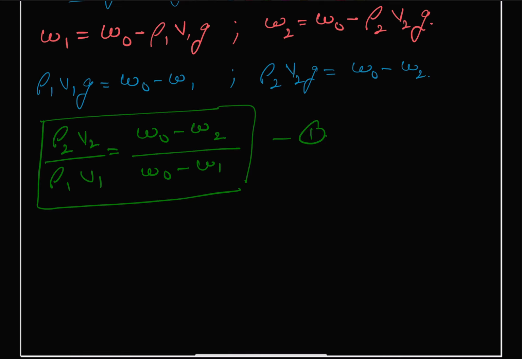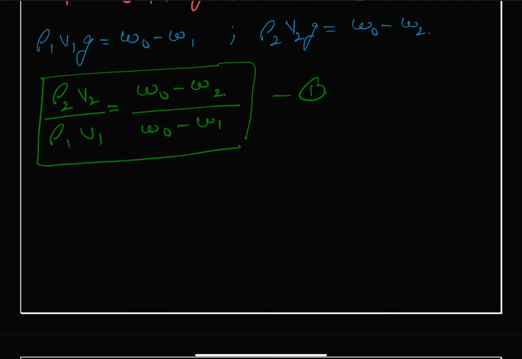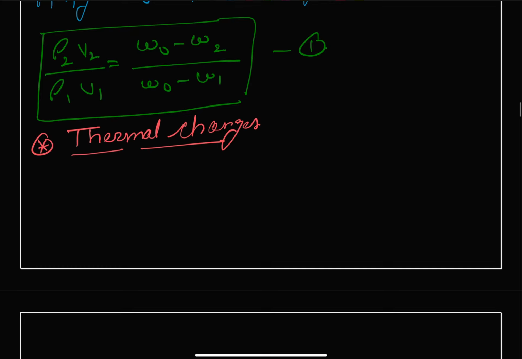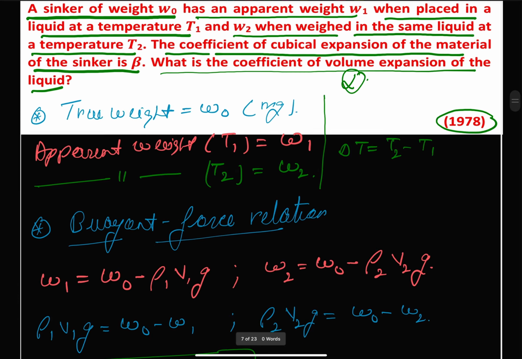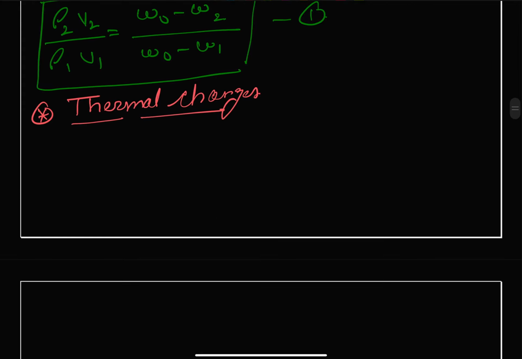Now we come to the thermal change because of the temperature variation. There will be a volumetric, cubical expansion, that is a change in our volume.